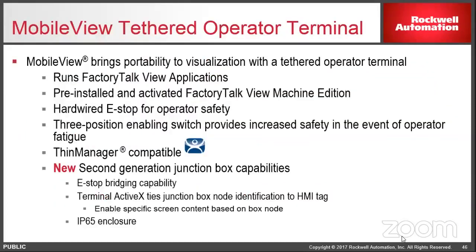So I skipped over it. Thin Manager, you see the little Thin Manager logo. There's also a model here that boots right into Thin Manager. So if you don't want to necessarily run FactoryTalk View locally, when you have Thin Manager, you can hook it in and it'll boot right into Thin Manager and see all that content, and it'll be managed the same way as all the other Thin Manager thin clients out there.